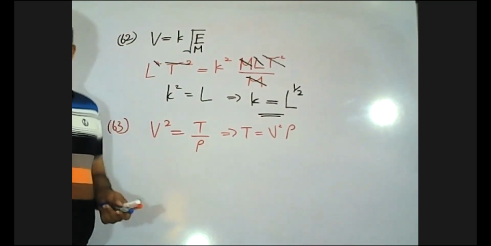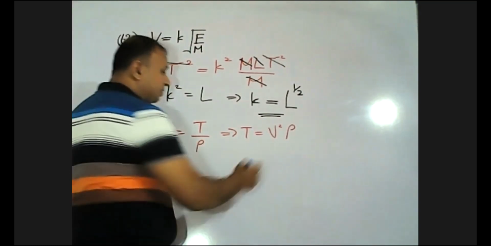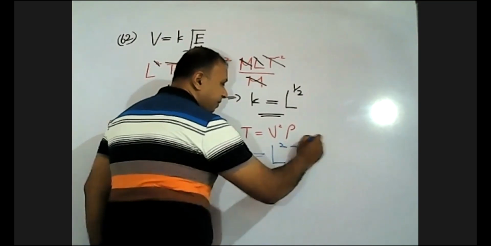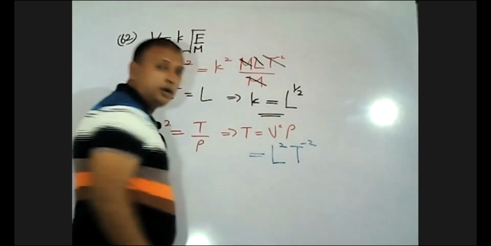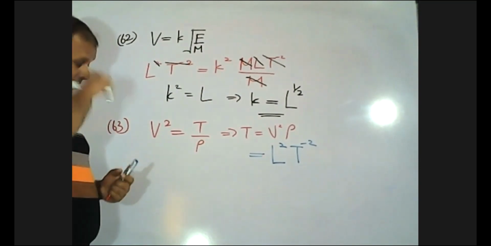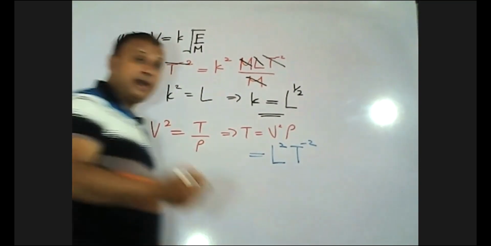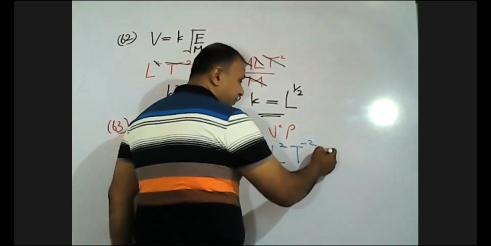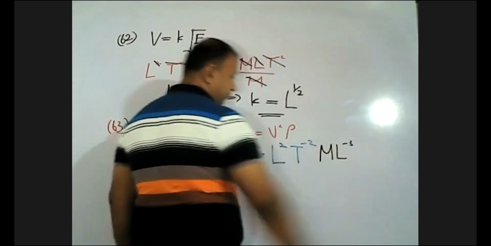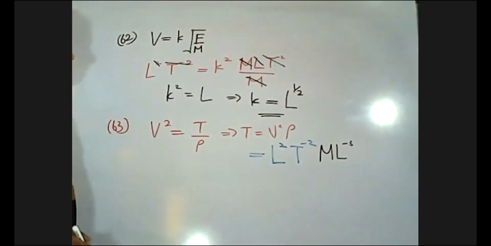Okay. Let's do it. V squared is L squared T minus 2. Rho means mass over volume. Now you can simplify.